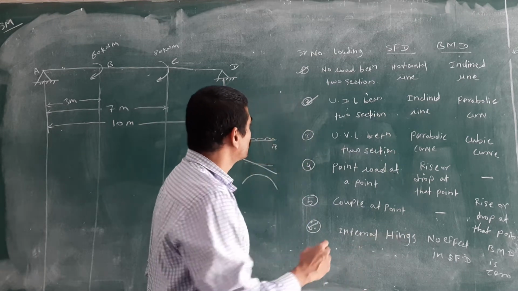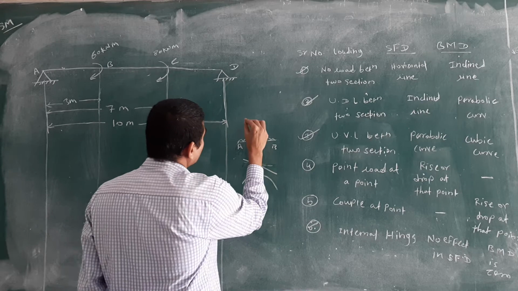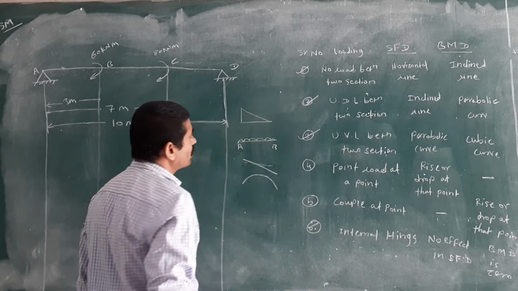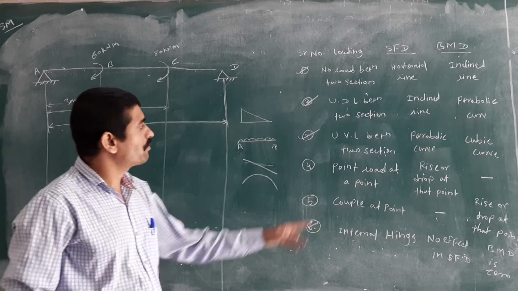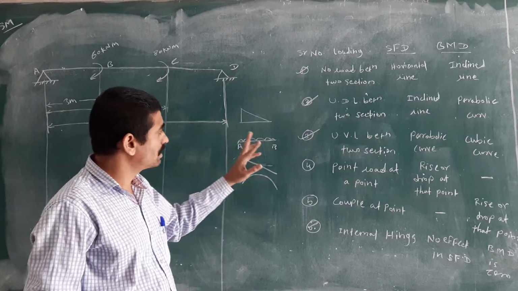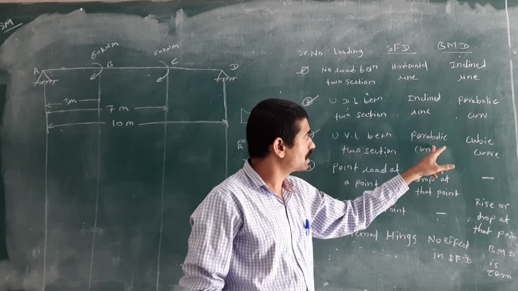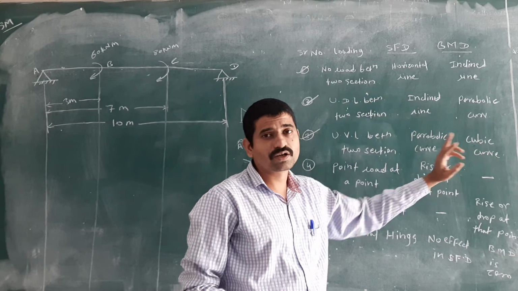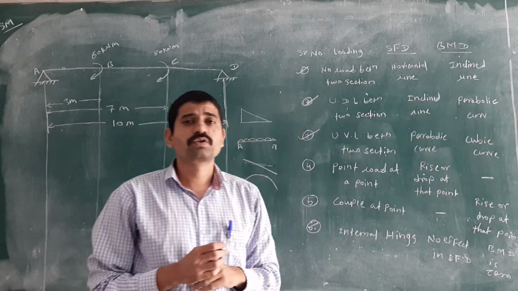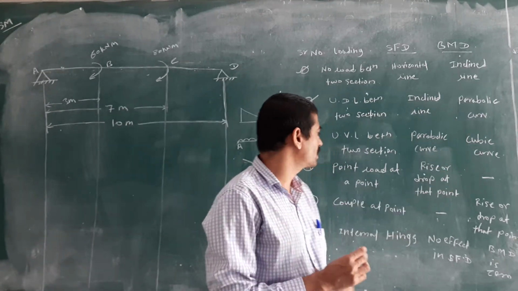Remember that. Third: if you get a UVL, a uniformly varying load, between two sections, then in the SFD you draw a parabolic curve, and in the BMD you get a cubic equation. That's why you draw a cubic curve. Cubic curve means a third degree curve.